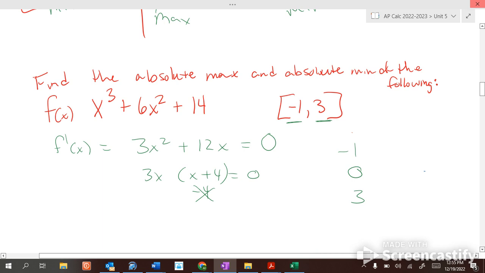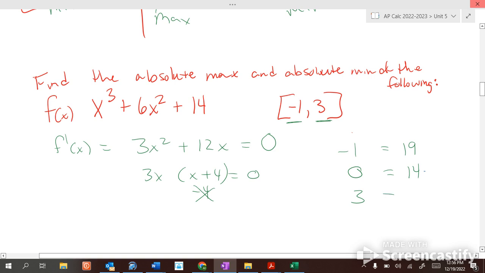So you stick -1 into the original function. You get -1 plus 6, which is 5, plus 14, which is 19. Stick in 0. You get 14. Stick in 3. 3 cubed is 27. 6 times 9 is 54. 54 plus 27 is 81.